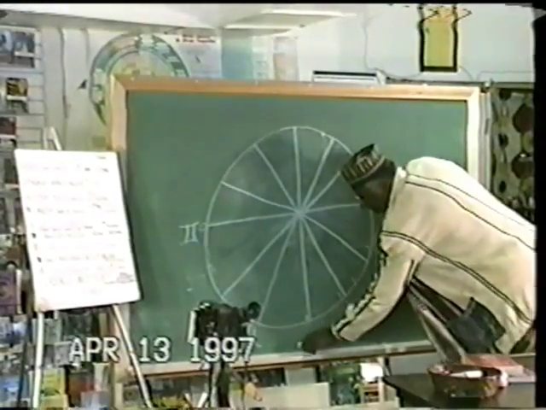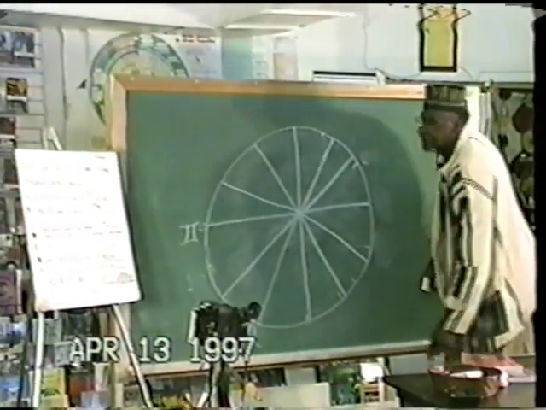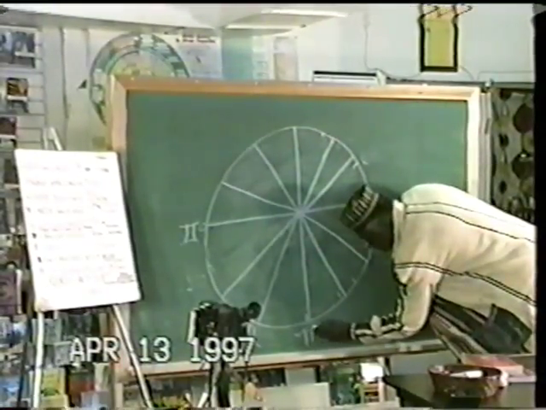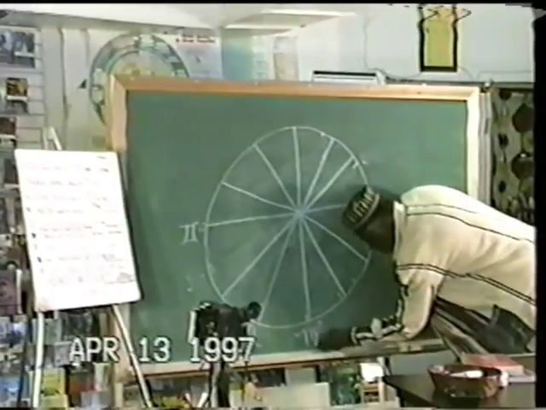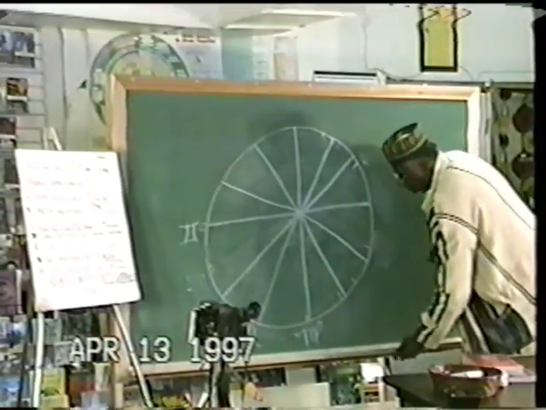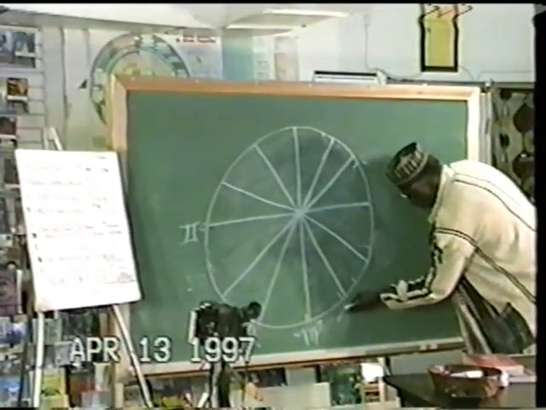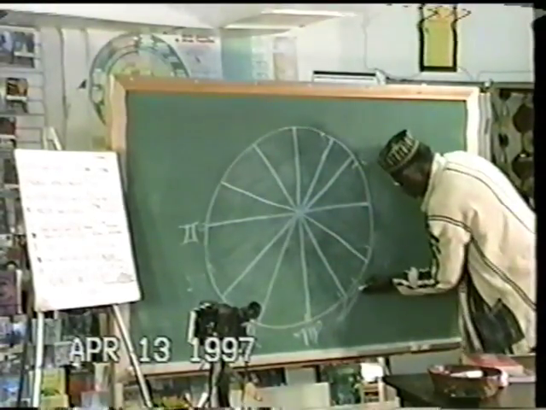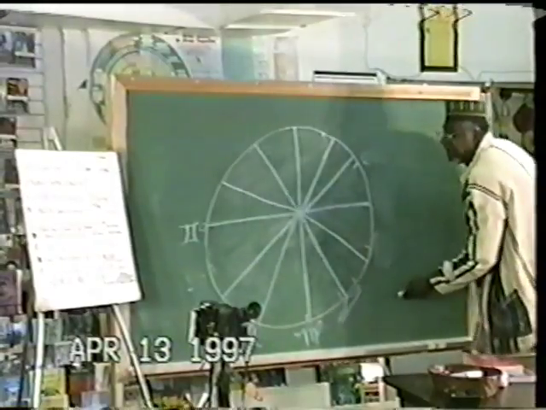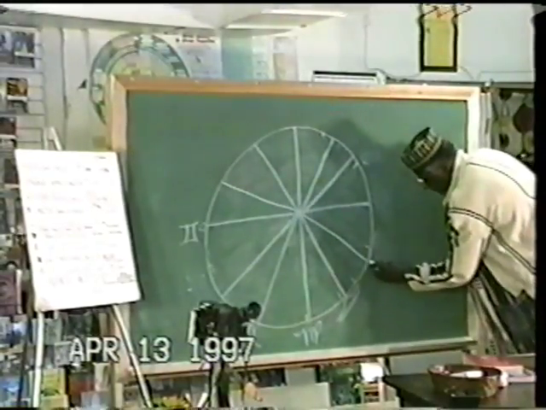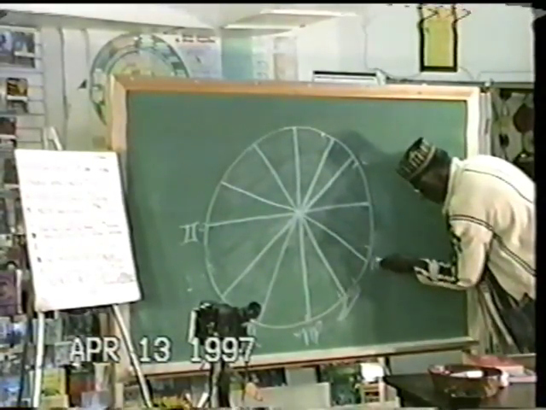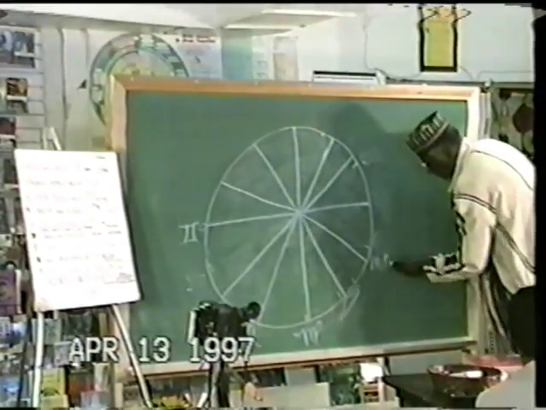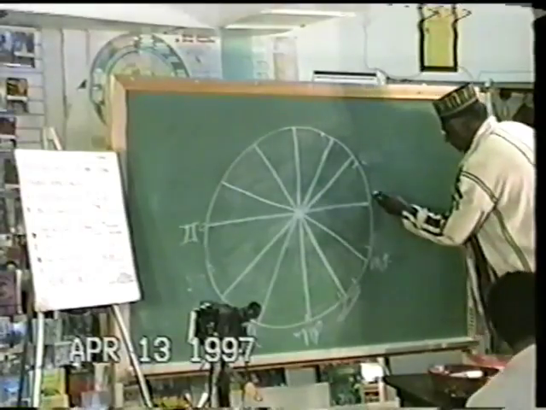Okay, so there's one way to set your course correctly. Virgo. Libra. Scorpio. Sagittarius.